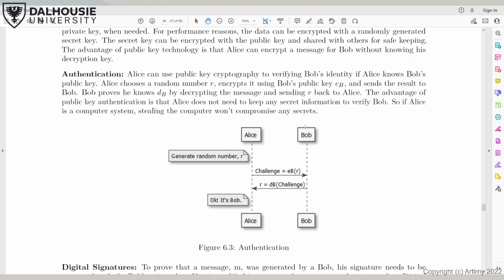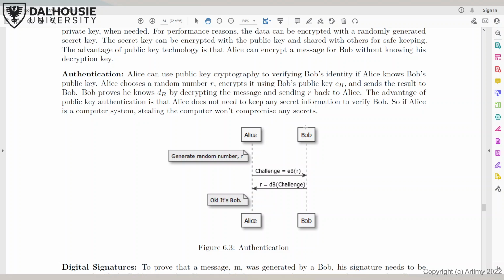Because Bob has his private key, he decrypts the challenge and sends back the original R, the original random number, to Alice. Alice compares the numbers and they are the same. So, okay, now I believe that you are Bob.